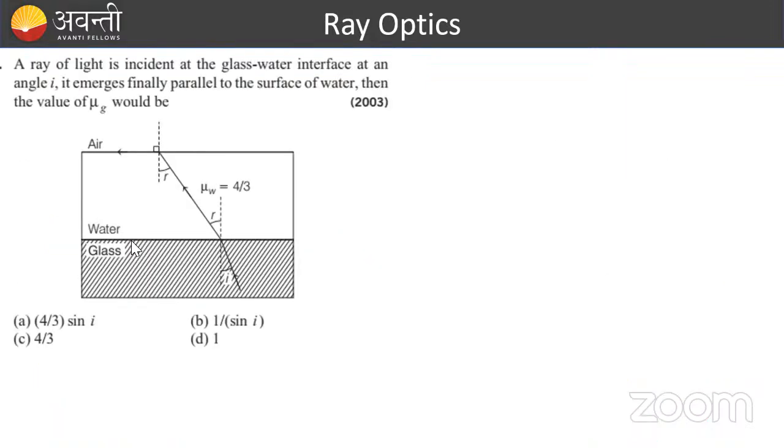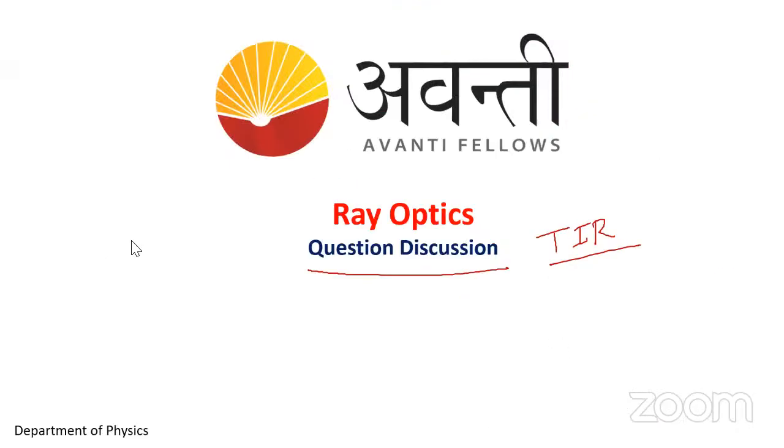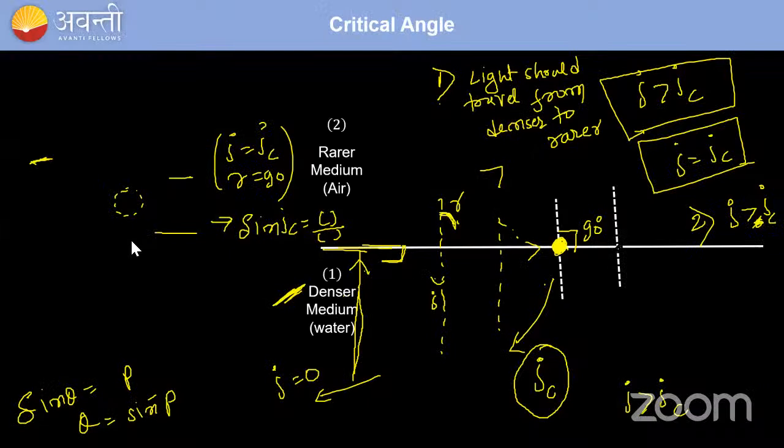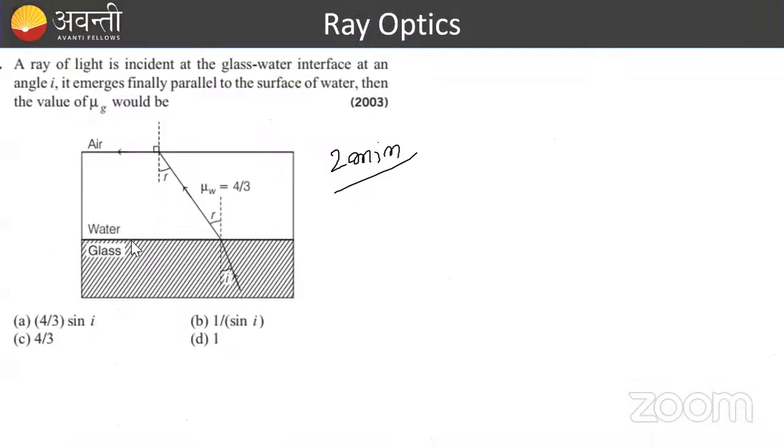Now let's do this question. This is relatively very easy. So let me know the answer. I'm giving you 2 minutes. This is a very easy question. Okay? So all of you solve it. Okay, what happened?